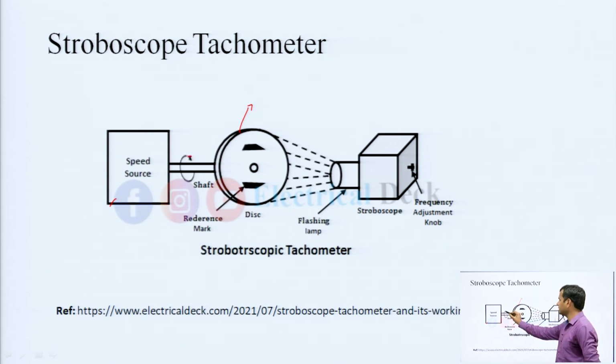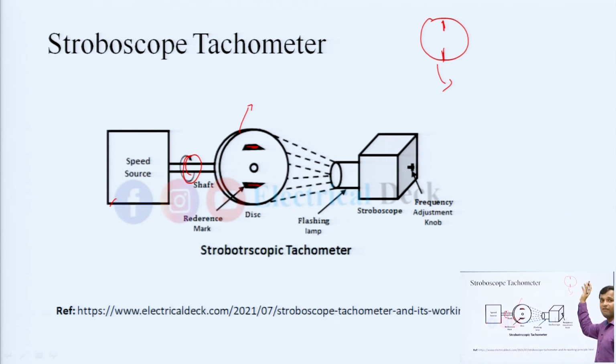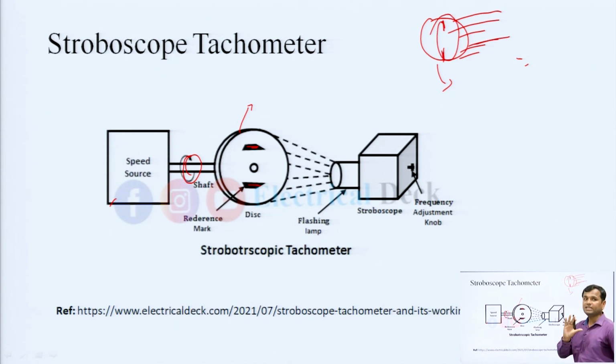Because of the angular motion of this shaft, that disc will rotate, and we can see two stationary marks on that rotating disc. When the disc moves very fast and a light flashes on it, at some point the fixed mark, because of the frequency or the intensity of the light, can be seen as stationary. That will be the basic principle of the stroboscope tachometer.